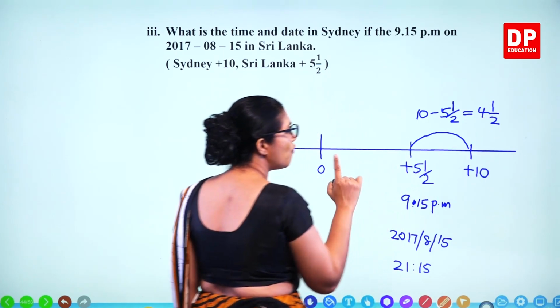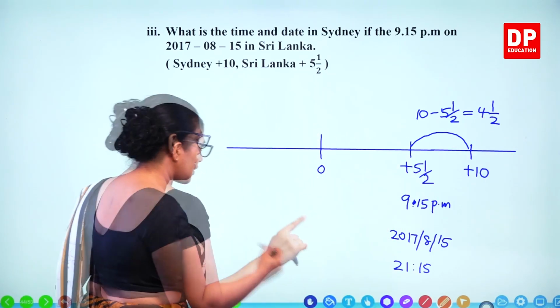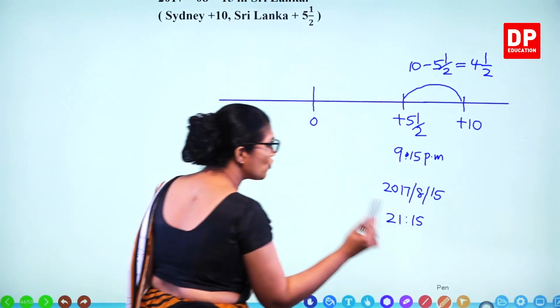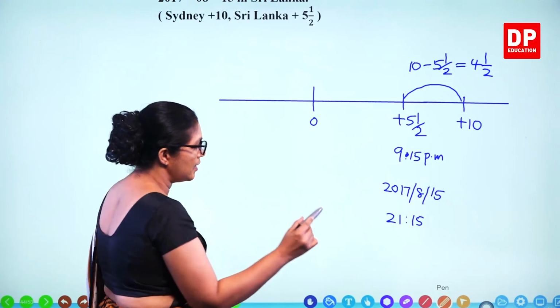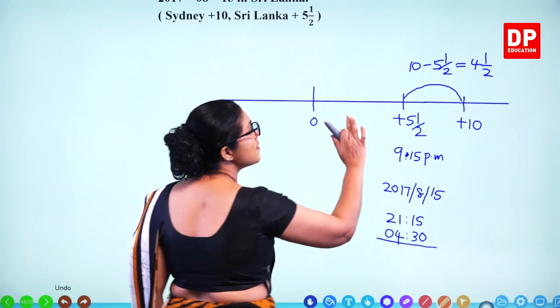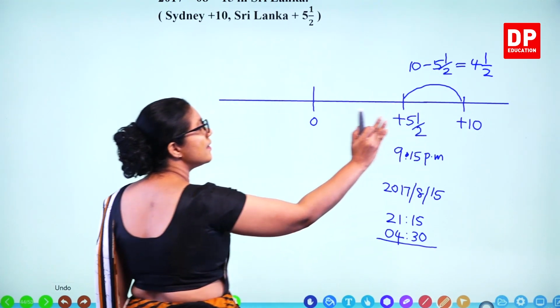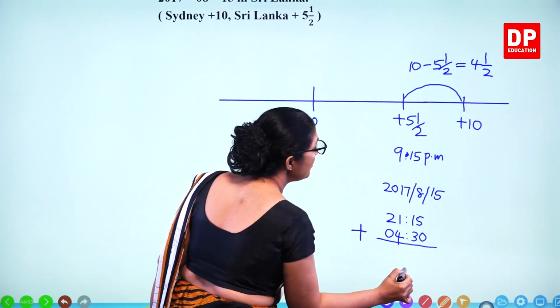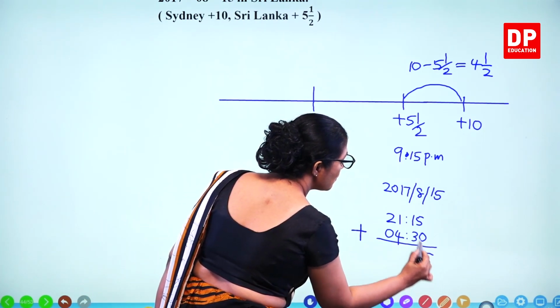So 4.5 means 4:30. Now here, this is towards this side. So that means we have to add this value.